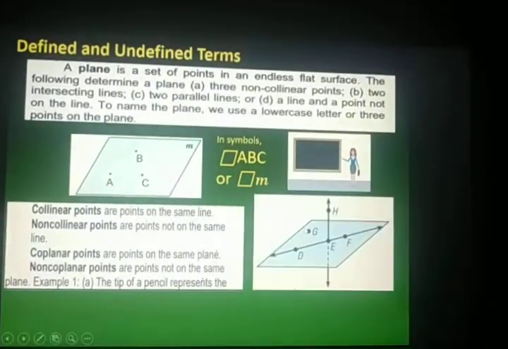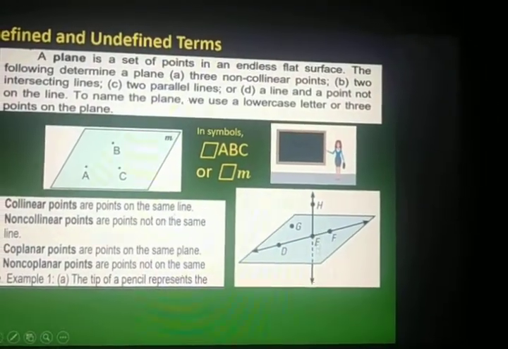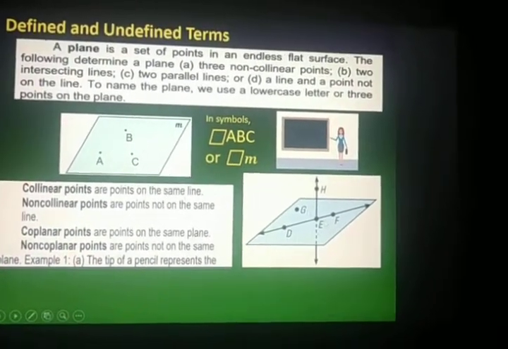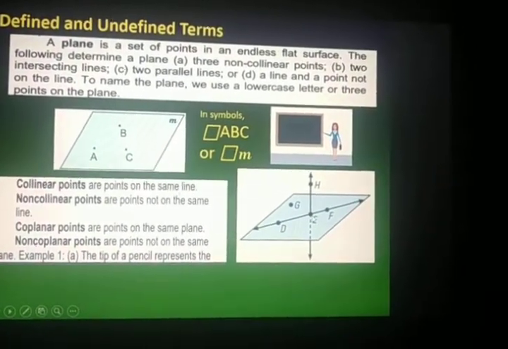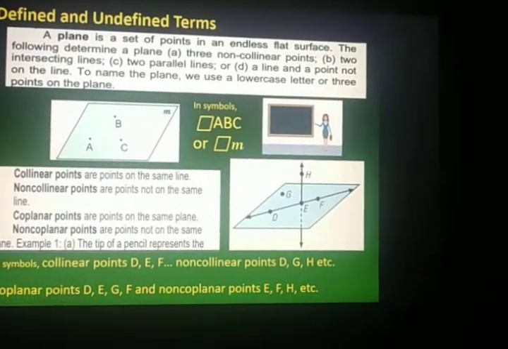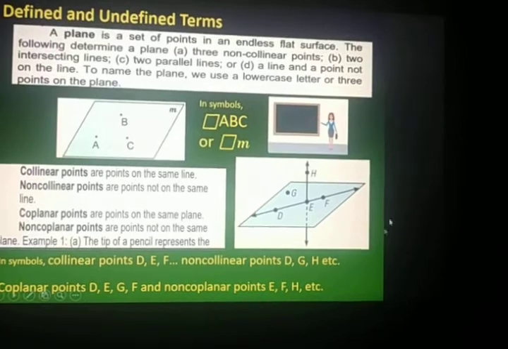Here is an example. Look at the figure. Here are my answers. Out of this figure, I'll identify some collinear points. In symbols, collinear points are on one line, points on the same line.